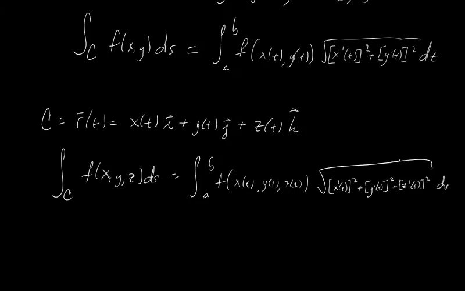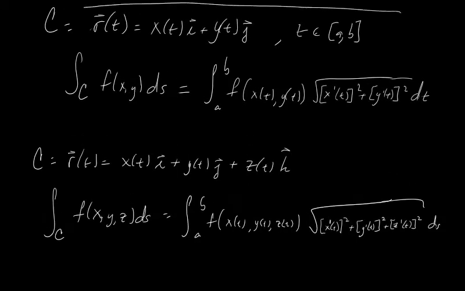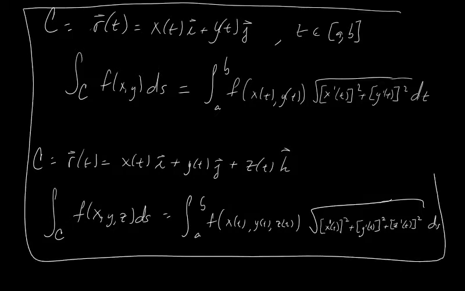Okay? All right, so it does translate into 3 dimensions just like everything else that we've been working with. So this is our line integrals. This is how we're going to calculate them, and this is why it's so important that we are able to parameterize these curves in space, because we need to be able to use this in this way.